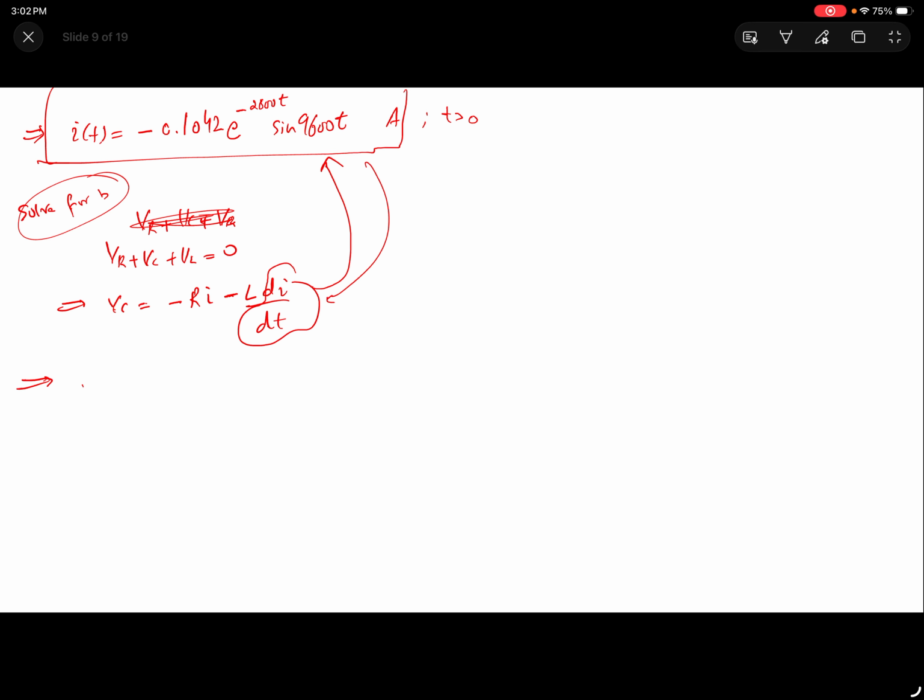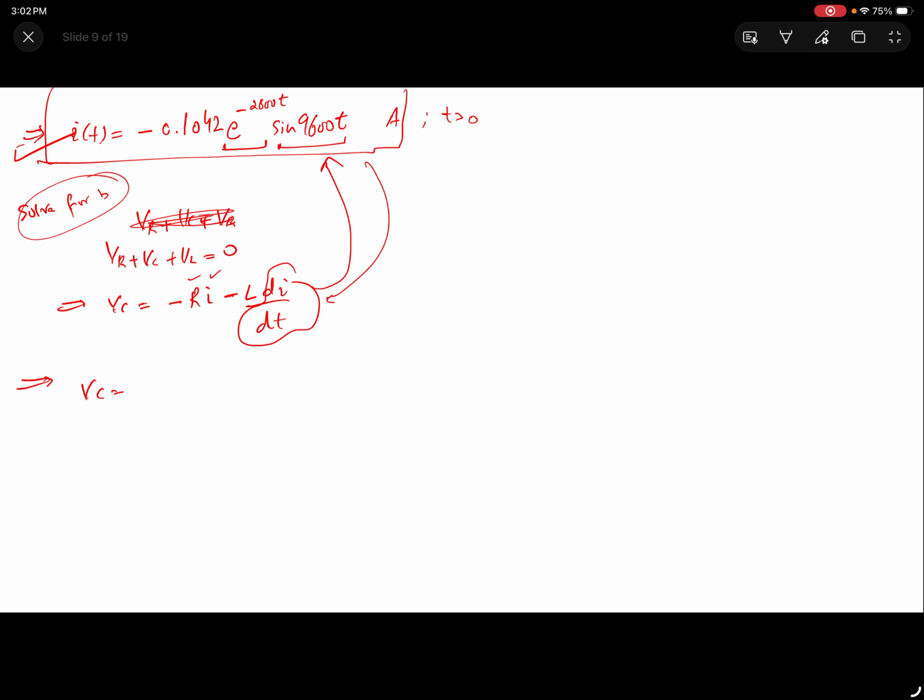Once you do that, because the value of the resistance is given and the value of the current is already over here, all you need to do is find the first derivative, and there are two t terms, right? So use the product rule. Find the derivative of the first term, keep the second term, and then keep the first term, find the derivative of the second term.